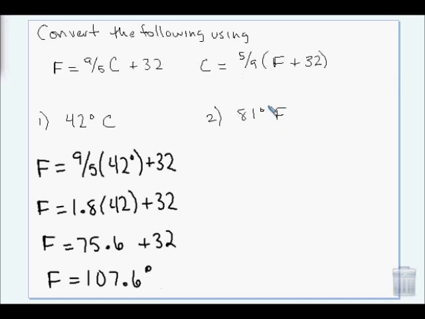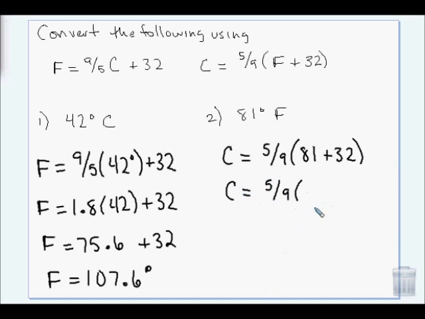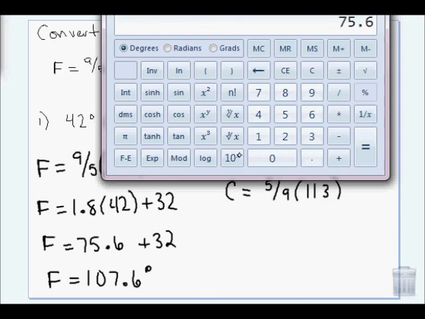Now here I have Fahrenheit, and I want to turn it into Celsius. So I plug in 81 for the F. Times 113. Now 9 does not go into 113 either, so I'm going to do 5 divided by 9.